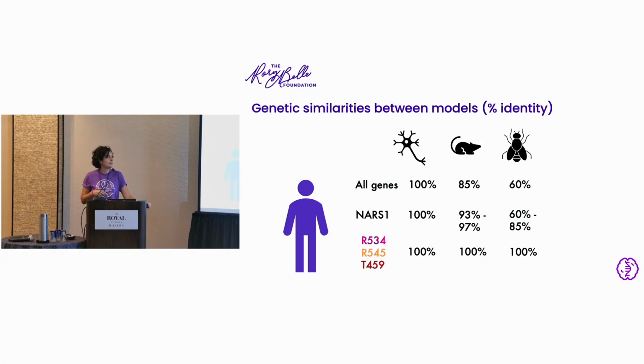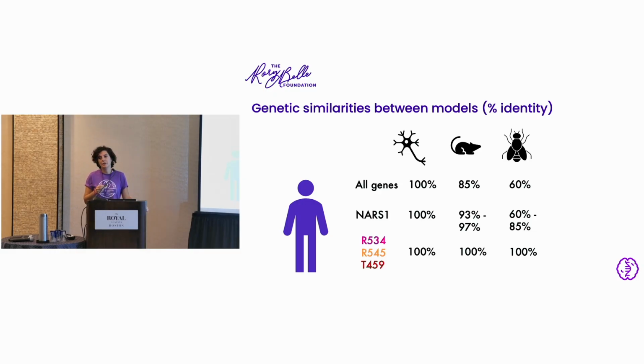Drosophila, the fly, is 60% for all proteins, because obviously they're quite different. So the non-essential proteins, the non-NARS1 proteins, are different, but when you go to the essential proteins like NARS1, they're essential for life and they have been for a long, long time. Now you can see that they're almost identical in mice and way less similar in flies.